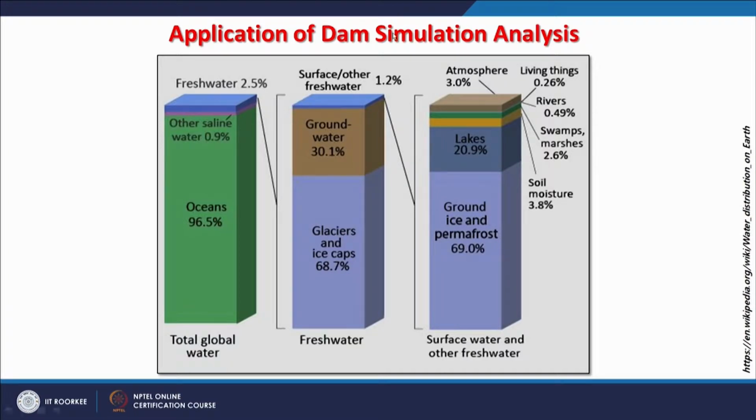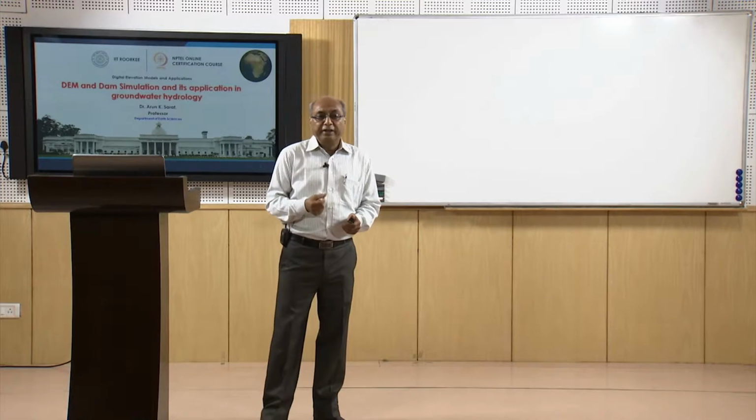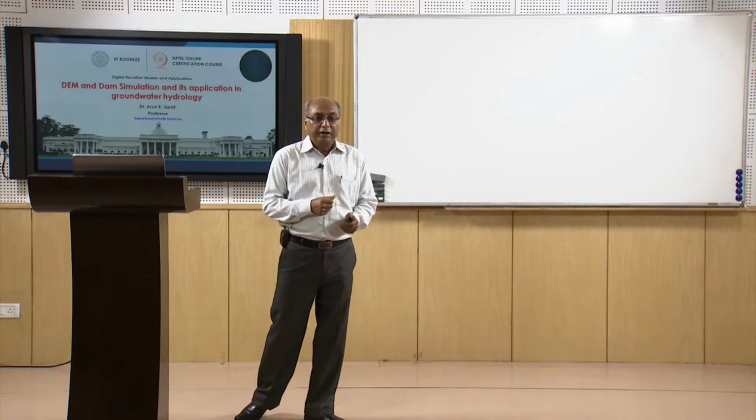And if we go further, this is how the fresh water is distributed, surface water and other fresh waters. You can think that out of the total 100% of water available on earth, a very tiny amount, only 2.5%, is fresh water, and out of this 2.5%, only 30% is groundwater.